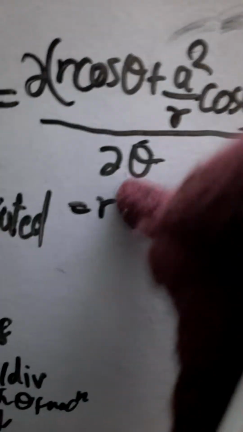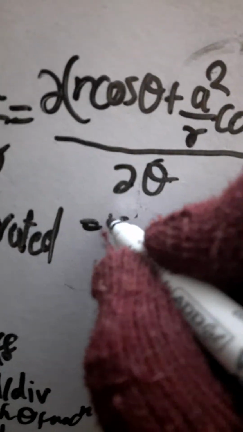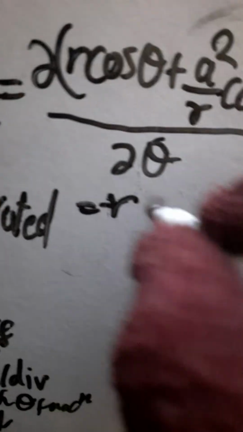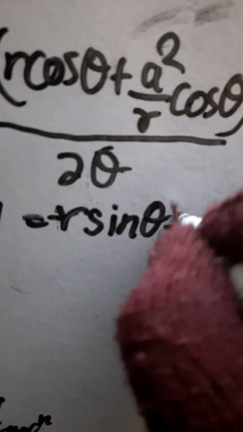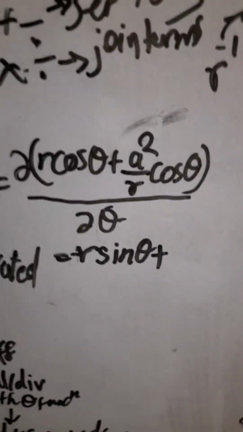So r I took out, did the derivative of cos theta, which is minus sine theta, and r is multiplied later, so r will also be multiplied by minus, so it would be minus r sine theta plus, now a and r square, a square and r are both different than theta.